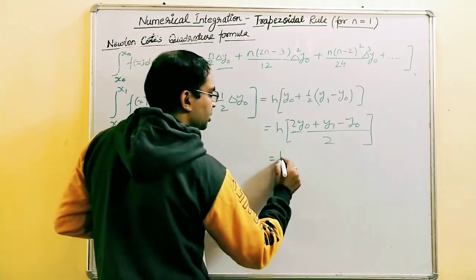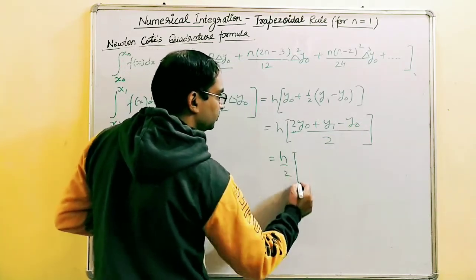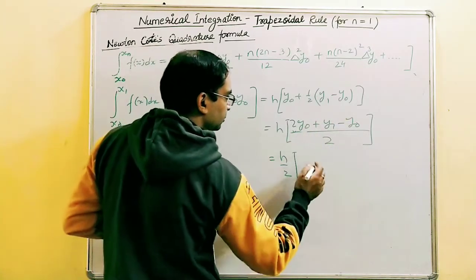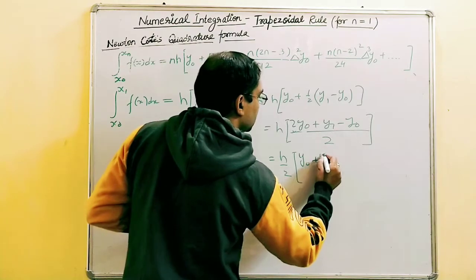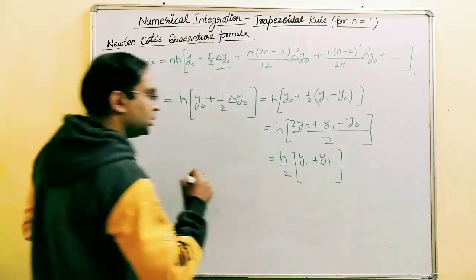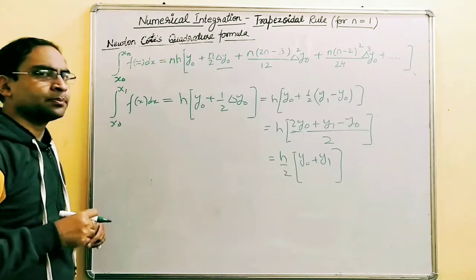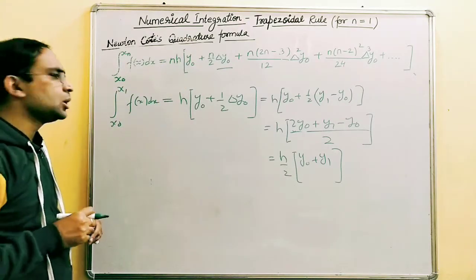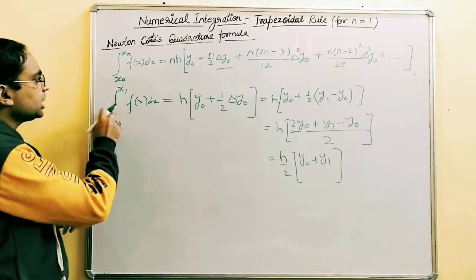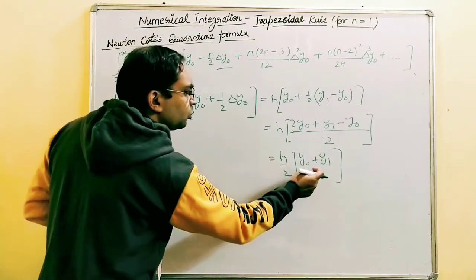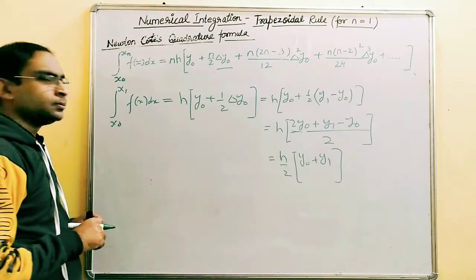We can keep this 2 out: h upon 2, and 2y0 minus y0 will be y0, so y0 plus y1. So we can see that by putting n equal to 1, the first subinterval comes to be the integral from x0 to x1 of f(x) dx, which is h upon 2 times y0 plus y1.